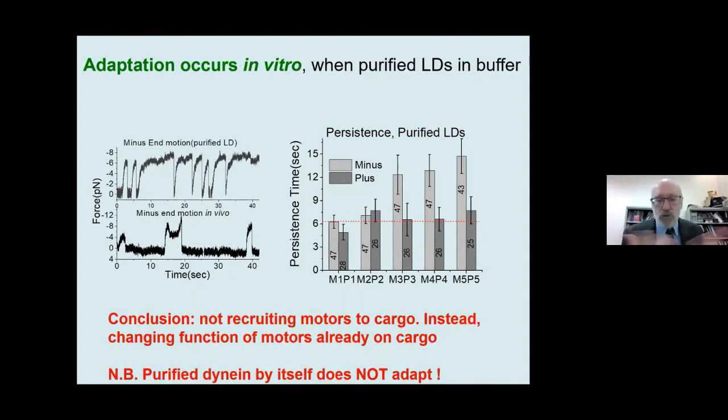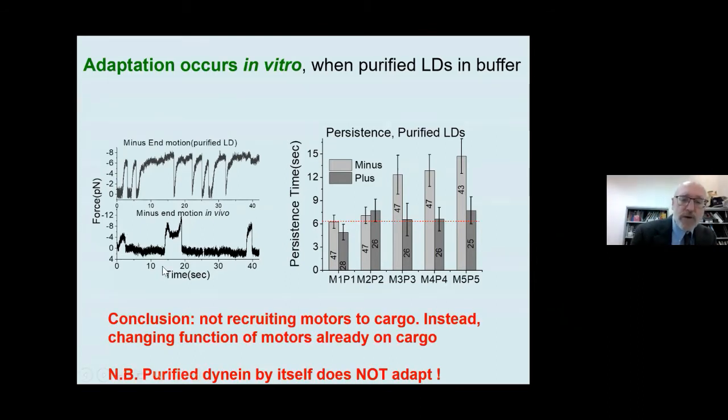There's no motors to recruit onto the lipid droplets. So we can be pretty sure that whatever is happening, it's somehow changing the function of the motors moving the lipid droplets in vitro, already bound to the cargo.